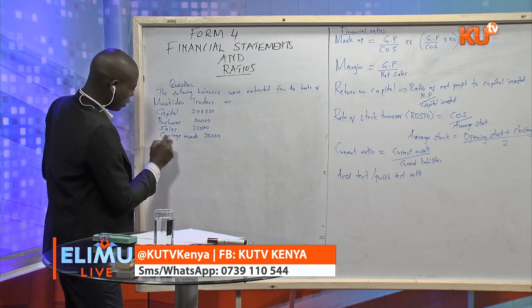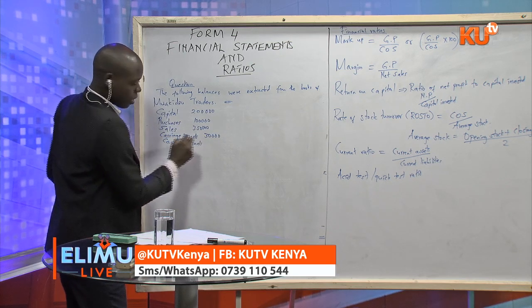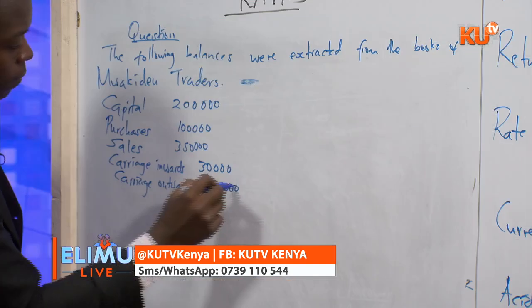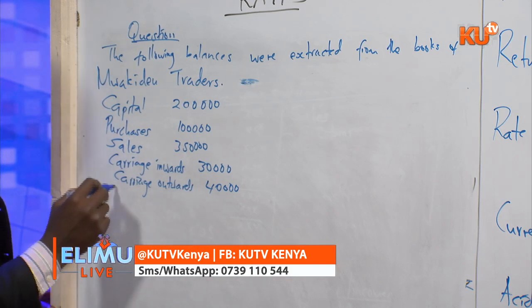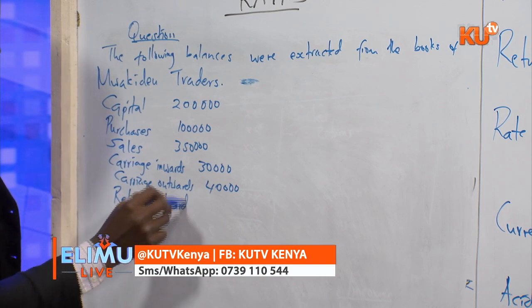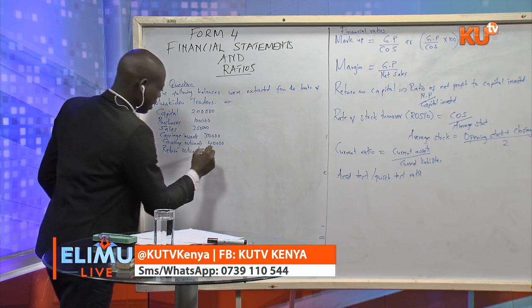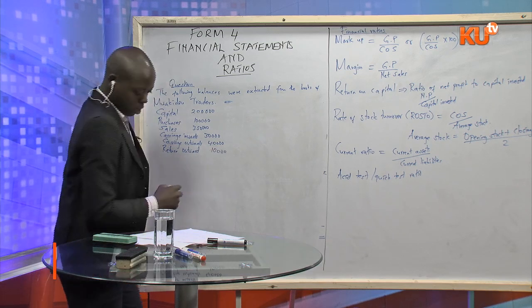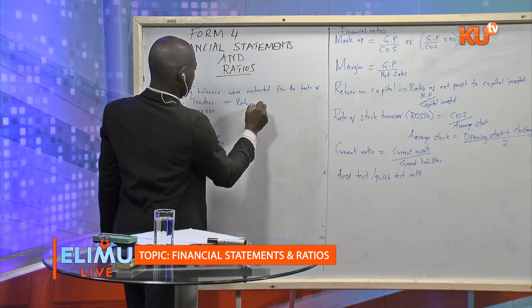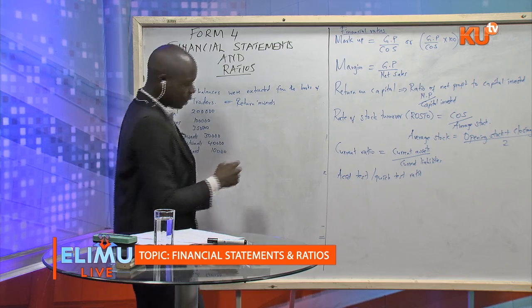We have carriage outward given as 40,000. We have return outward, which means purchases returns, and that's given as 10,000. We have return inwards given as 20,000.